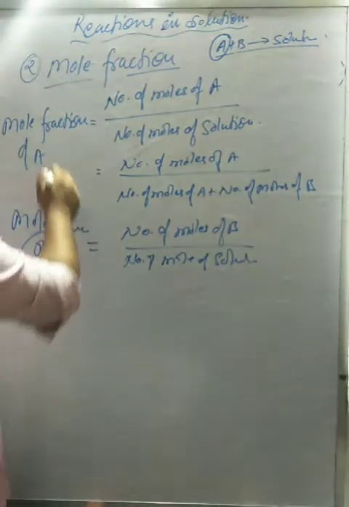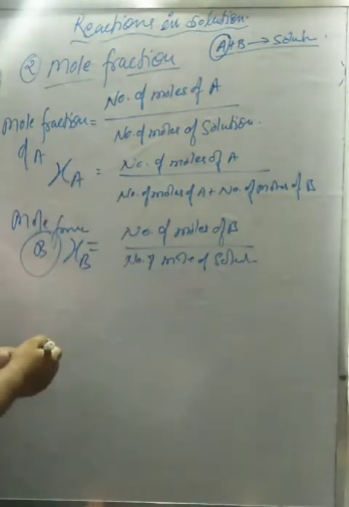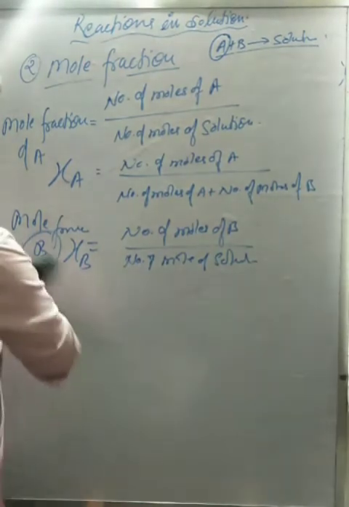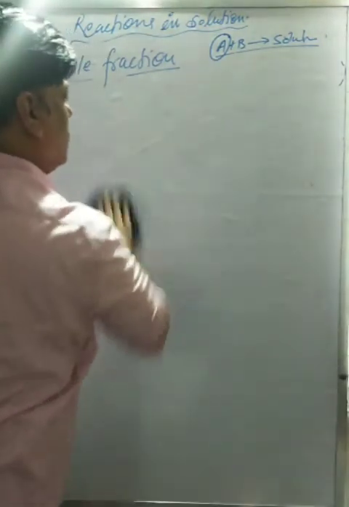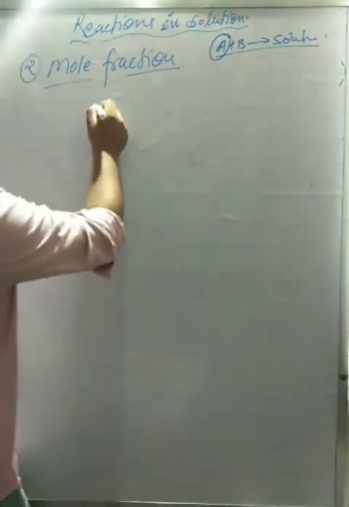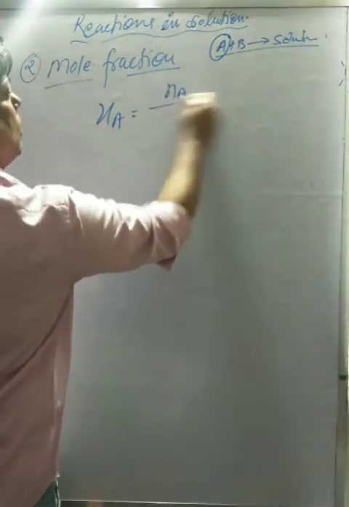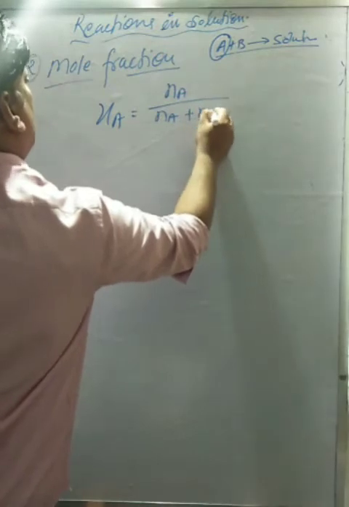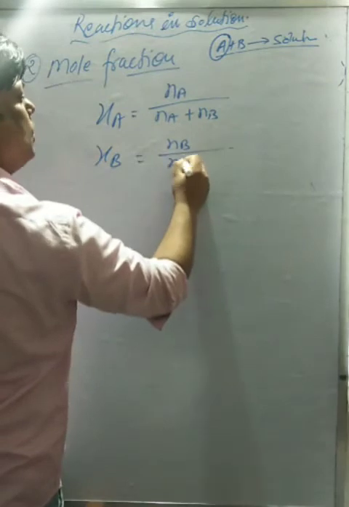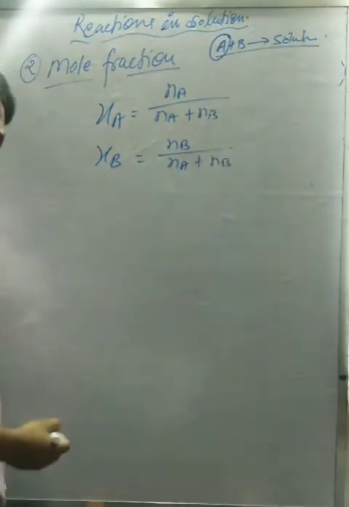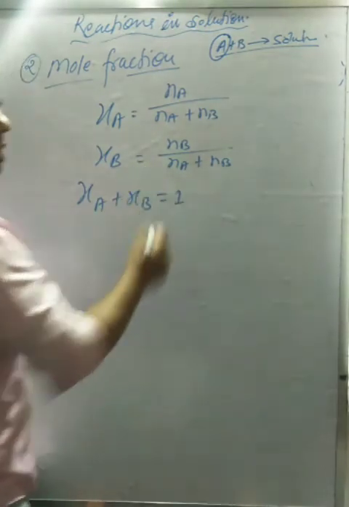Now how to represent the mole fraction of A and the mole fraction of B? You can write the same equation like this: mole fraction of A is equal to the number of moles of A upon the number of moles of A plus the number of moles of B. Mole fraction of B is equal to the number of moles of B upon the number of moles of A plus the number of moles of B. Here the mole fraction of A plus the mole fraction of B is always equal to 1.